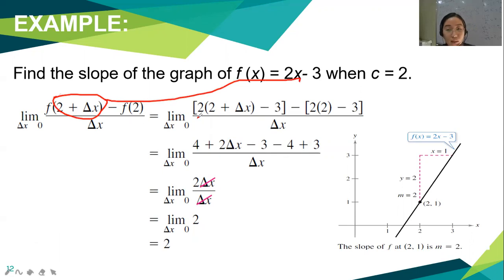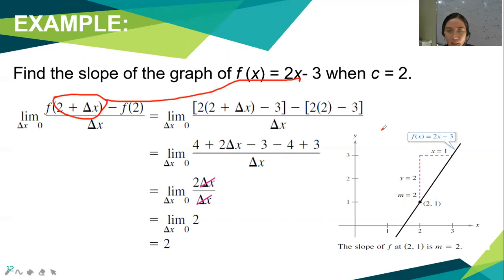We use the limit rule: the limit as delta x approaches 0 of 2 times (2 plus delta x) minus 3, minus 2 times 2, sorry, minus f of 2, since our constant is 2, so 2 times 2 minus 3.